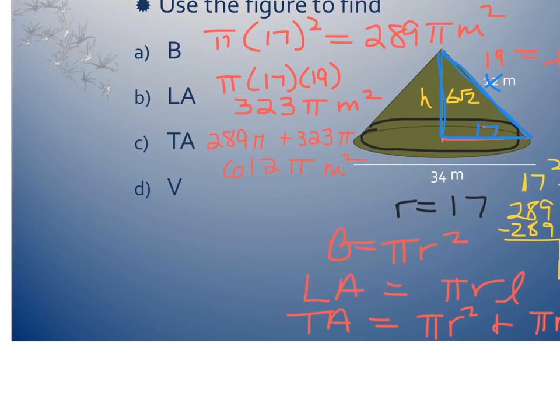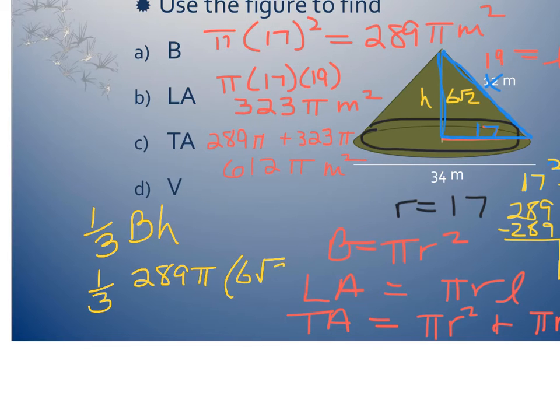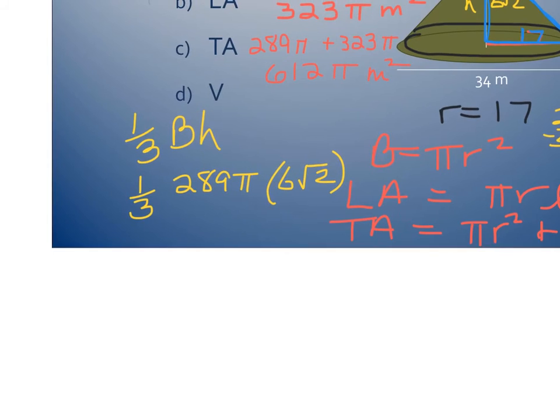So now for volume, remember volume of a cone is 1/3 BH. Again, my B is a circle. So 1/3, and I already calculated it was 289 pi times the height, which was 6 square root 2. So then here I could simplify the 1/3 and the 6, make this 2. And then 289 times 2, and I get 578.